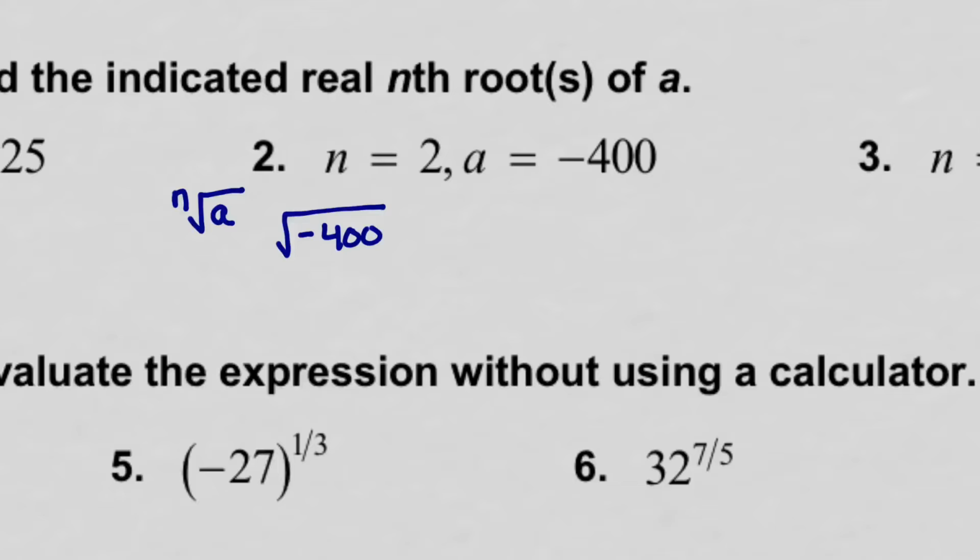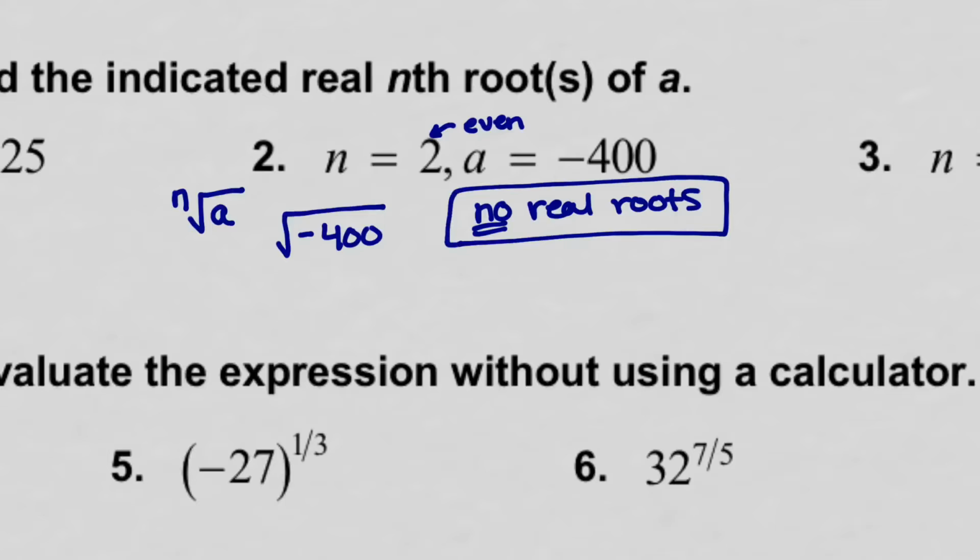So I notice that 2 is even. If I refer back to my rules, what I remember is that I don't have a real root when this is even. So all we're going to say is that there are no real roots in this situation.